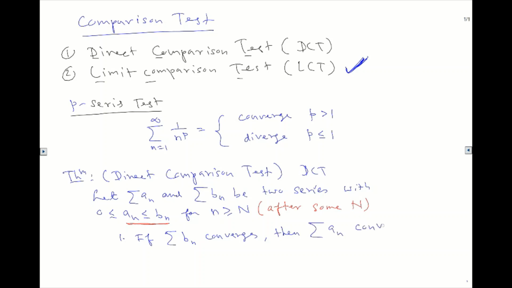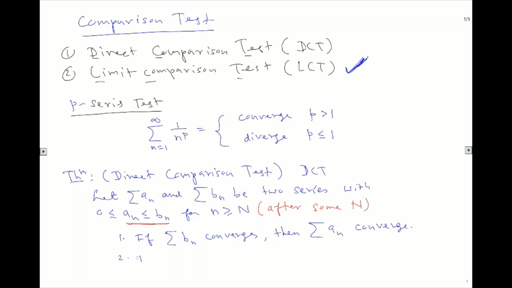This is the obvious result. Why? It says the larger one has a finite sum. When you add it, you get a finite number. So then it automatically says that the smaller one also has a finite sum because it's smaller. And we assume that these terms are not negative, so that we don't worry about going to negative infinity.